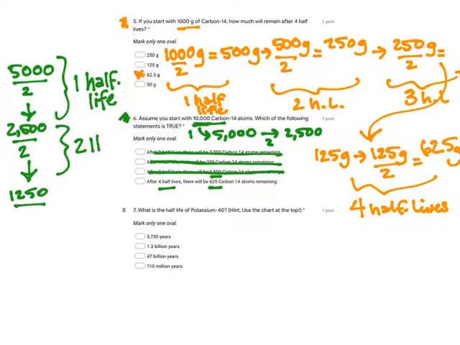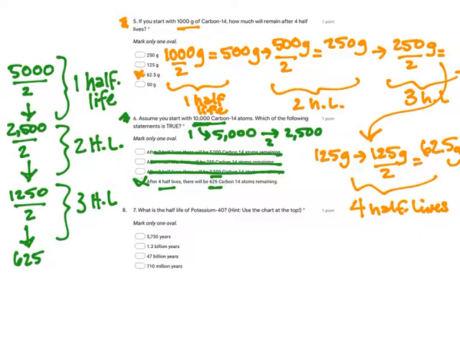And that's after 2 half-lives. Divided by 2 again would give us our 625 number of atoms. So this one must be correct. Great job.